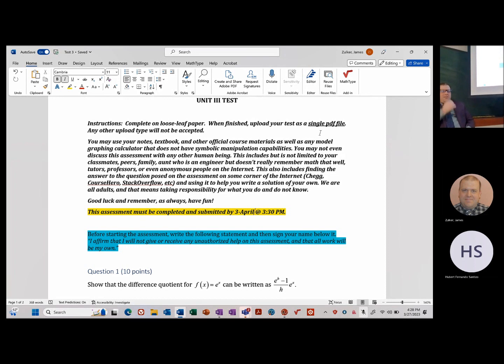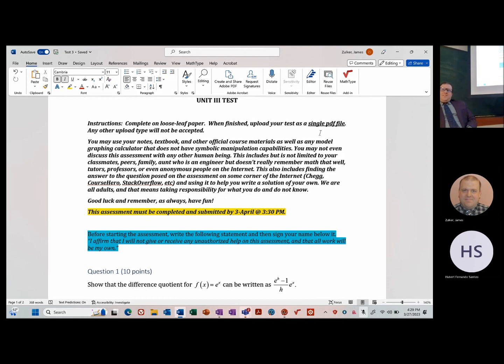When finished, you will upload it as a single PDF file. I don't remember if there's anything that requires graphing. If a graph is required, a screenshot can be uploaded separately as JPEG. Same way I uploaded the last test.